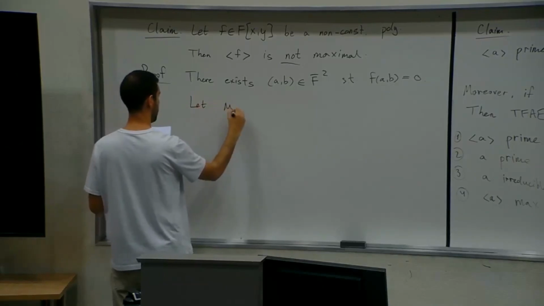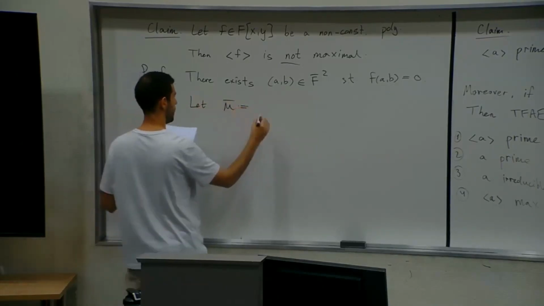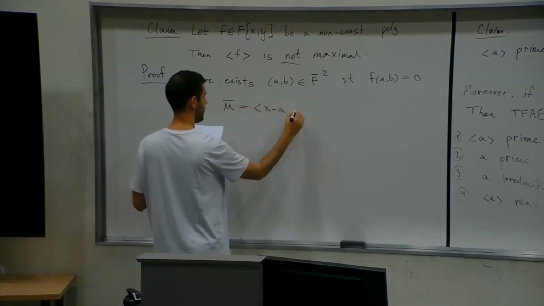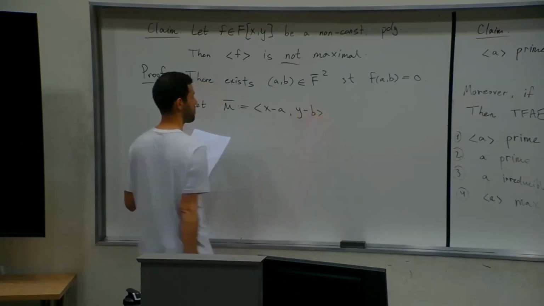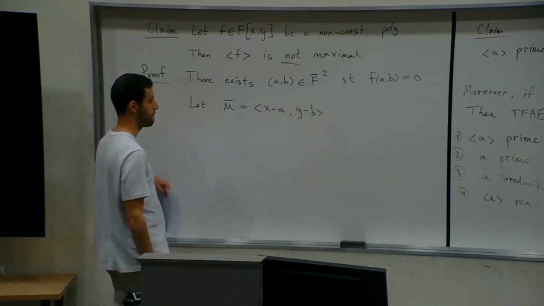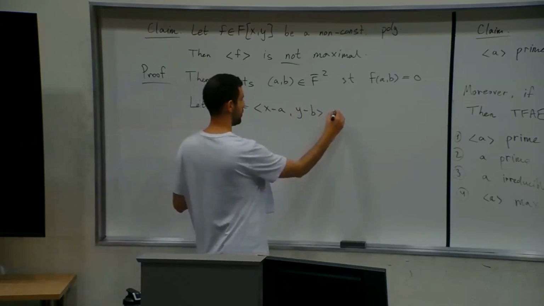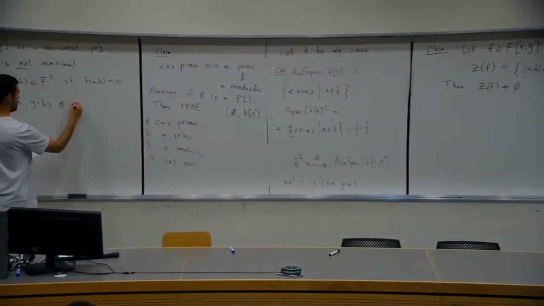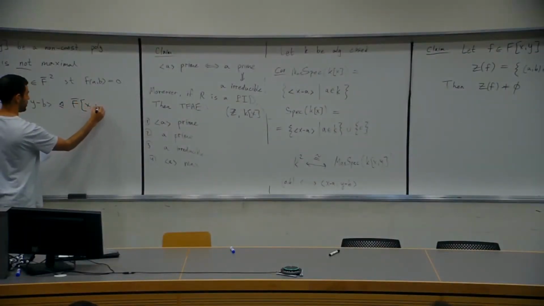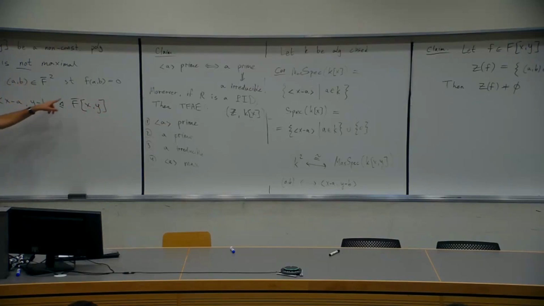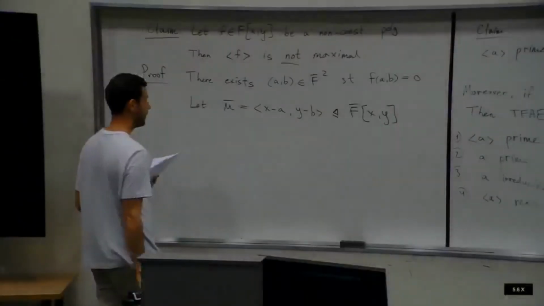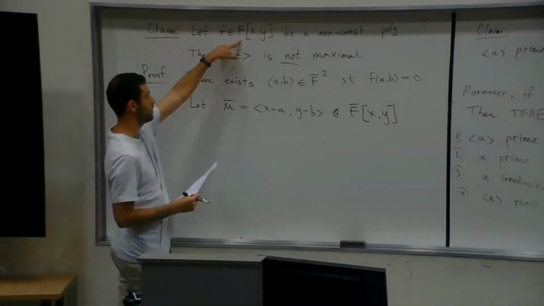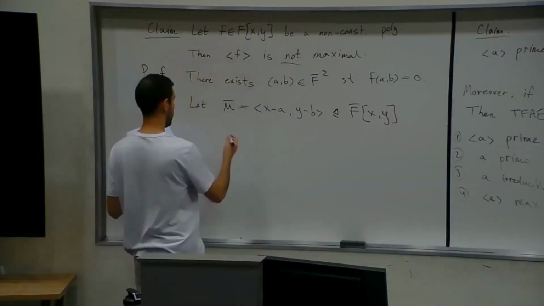So we can consider the following ideal: (x minus a, y minus b), which is an ideal of which ring? Right, F bar[x, y]. Because a and b maybe are not in F, but they are in F bar, so it is an ideal of this polynomial ring. But we want to work in our ring, so what can we do?